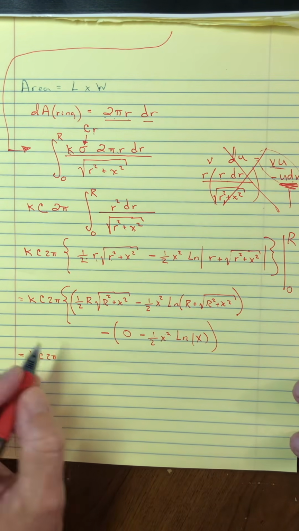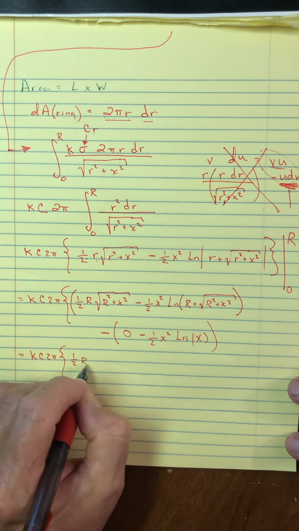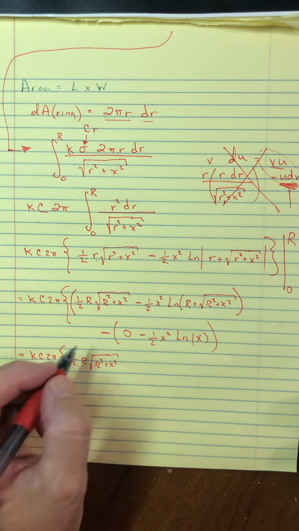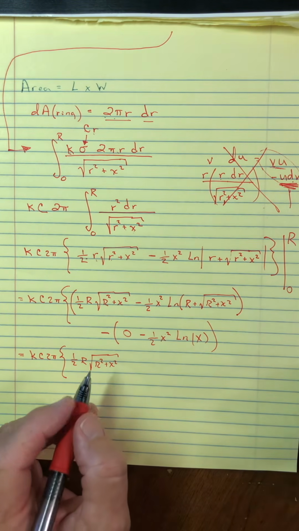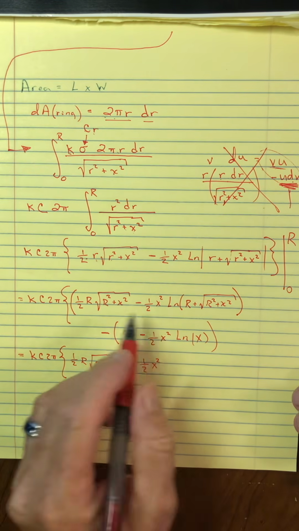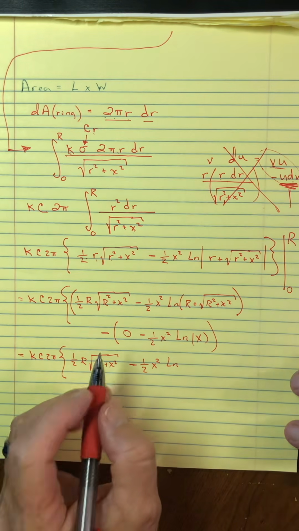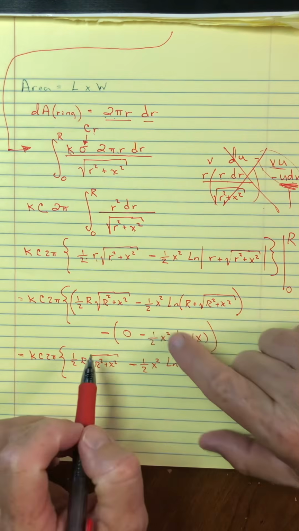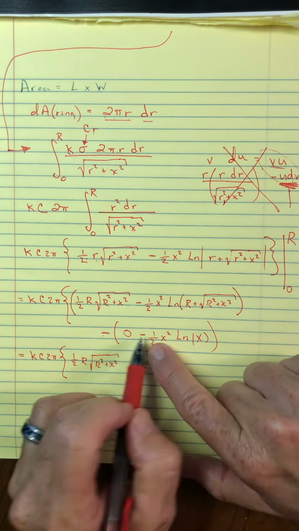And I hope we get the same thing that's in the back of the book. So this is 1/2 R times the square root of R squared plus x squared. Maybe I will factor out a 1/2 x squared and then have an ln. And it looks like, if I factor out an ln, well, that minus with that minus makes the whole thing plus.